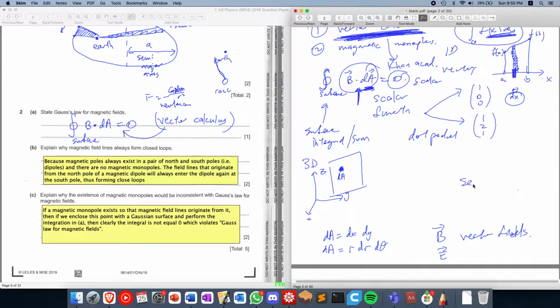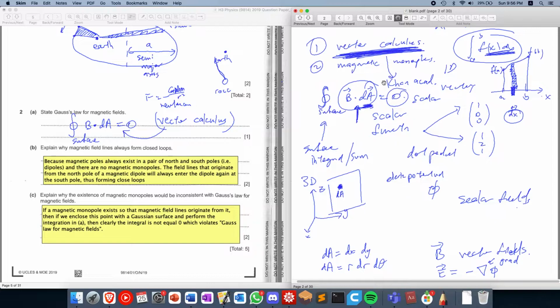You also have scalar fields, where you have phi. For example, the electric potential is a scalar field. And you can get a vector field by taking the gradient of a scalar field. This is called grad, GRAD. You can search it up. It also appears in vector calculus, but I really don't have time to talk about vector calculus in this video because it's getting very long.